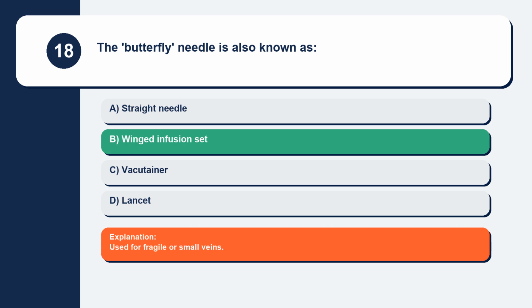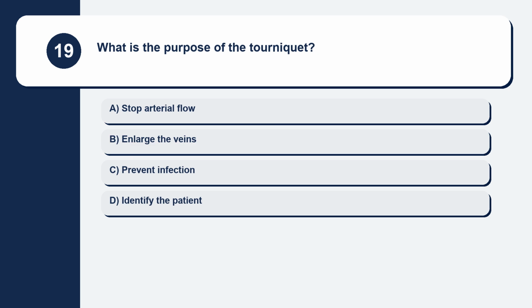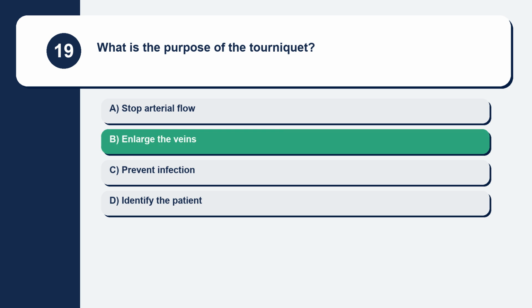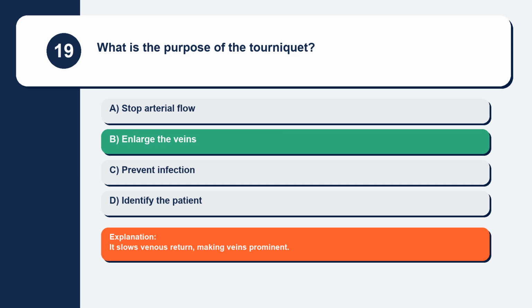Used for fragile or small veins. Question 19. What is the purpose of the tourniquet? Stop arterial flow, enlarge the veins, prevent infection, identify the patient. It slows venous return, making veins prominent.